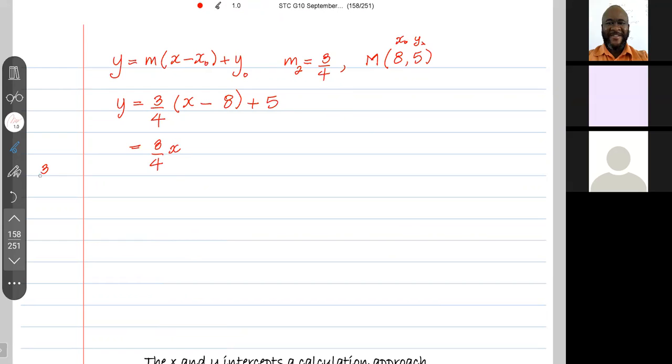Then it's 3 over 4 times 8. 4 into 8 goes 2 times. 3 2s are 6. So this is minus 6. Plus at the end, we have 5. So y is equal to 3 over 4 x minus 1, because minus 6 plus 5 is minus 1. So y is equal to 3 over 4 x minus 1 is the equation of the perpendicular bisector of ST.